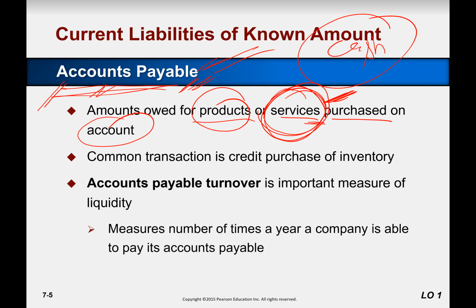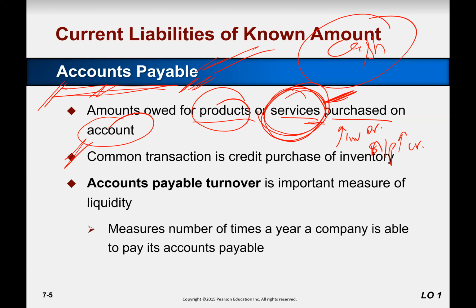All right. So a common transaction: if you purchase inventory, what is the journal entry? Simple. Inventory increases, it is debited, and accounts payable increases, it is credited. The rule of our debit and credit is still there.